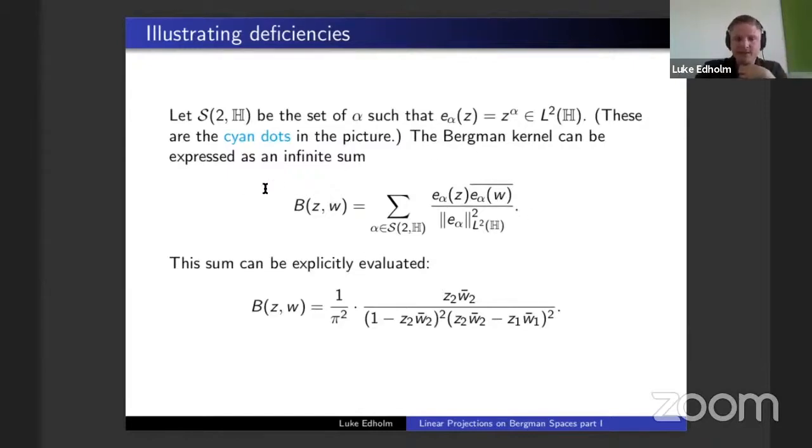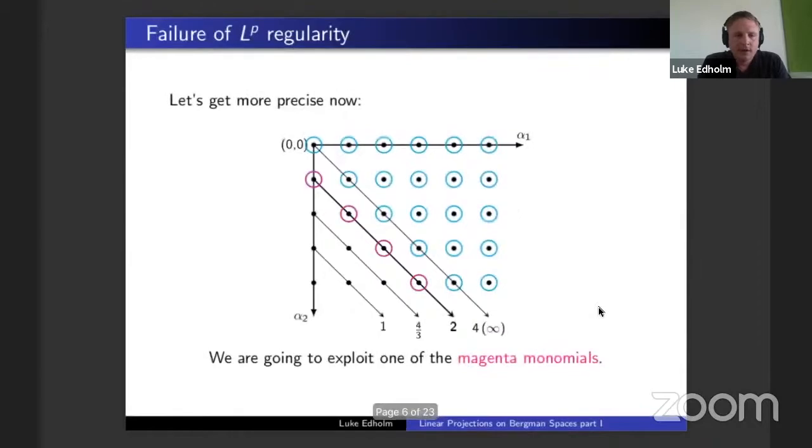We can express this as an infinite sum over this set, where this set is the set of the cyan dots. Now, in the case of the Hartogs triangle, this can be evaluated explicitly, and this formula here is what the Bergman kernel of the Hartogs triangle looks like. So we'll use both of these shortly here.